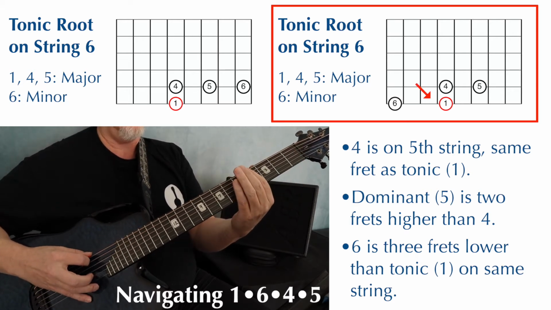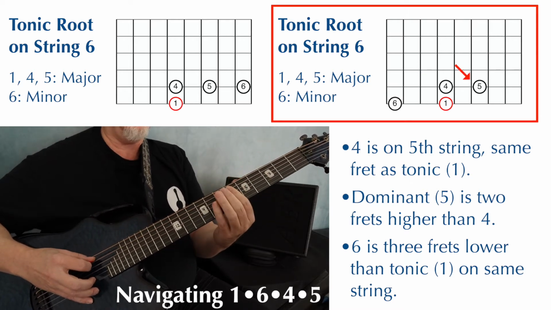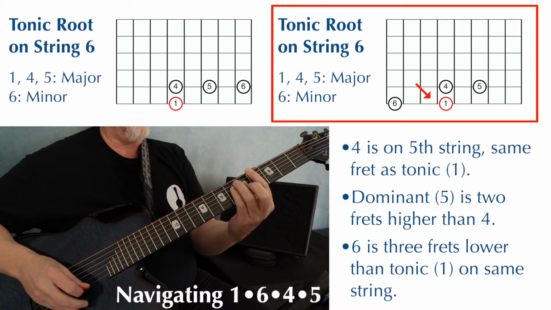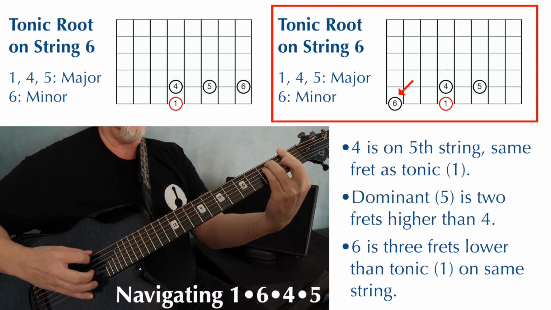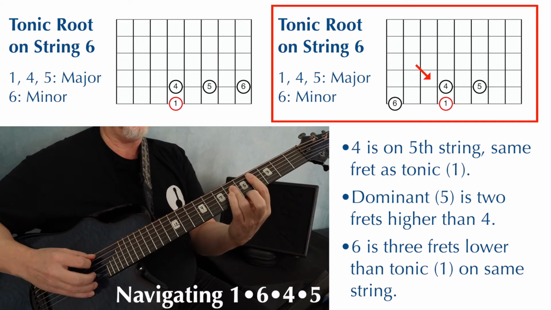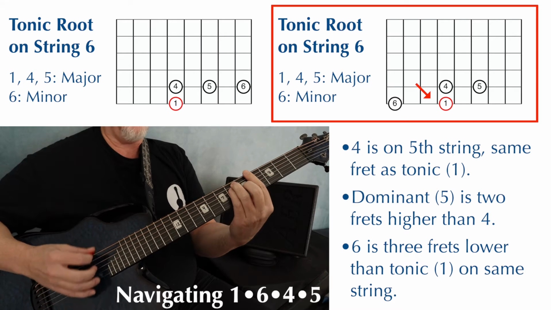So 1, 6, 4, 5, and 1. If I put chords to that, 1 is major, 6 is minor, 4 is major, 5 is major, and then 1 again is major.